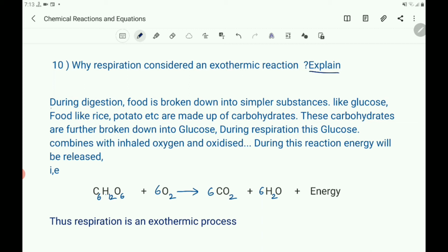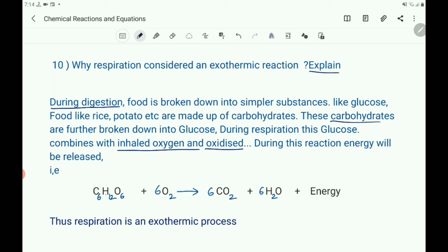You know that during digestion food is broken down into simpler substances like glucose. For example, rice, potato, etc. are made up of carbohydrates. These carbohydrates are further broken down into glucose after digestion. During respiration, this glucose combines with inhaled oxygen and is oxidized.